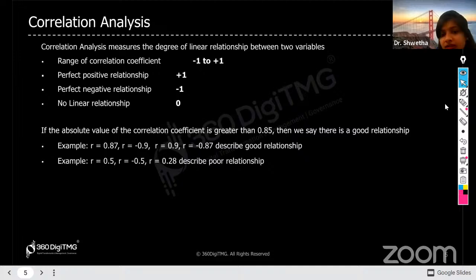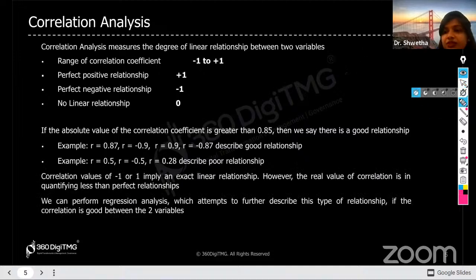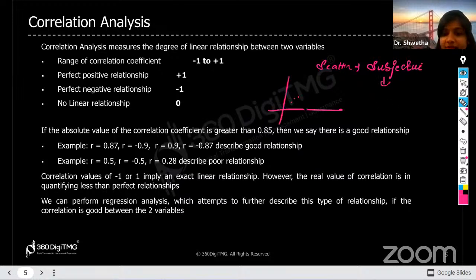Now, the drawbacks of the scatter plot. The first thing is that it is subjective. Why are we saying that it is subjective? Say, for example, this is the scatter plot.